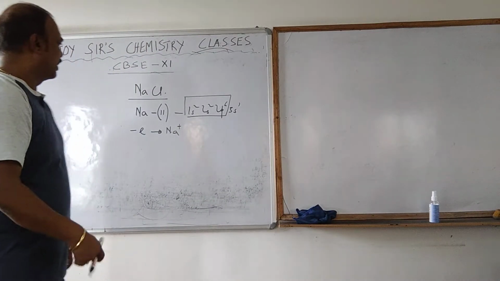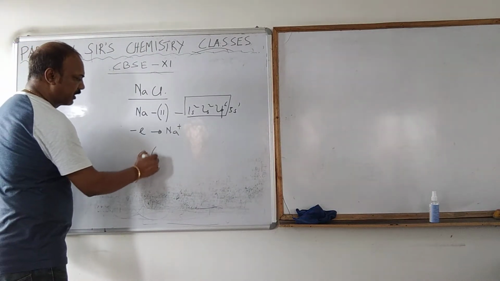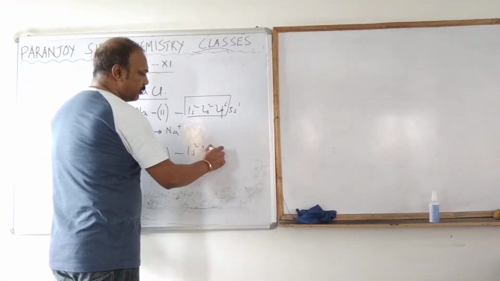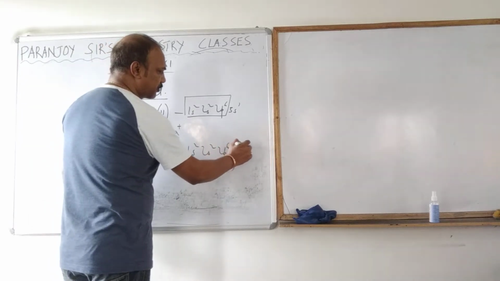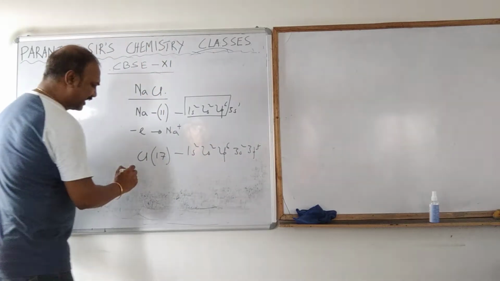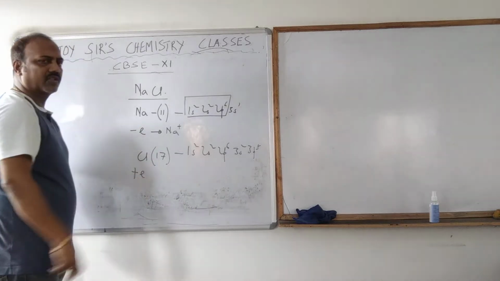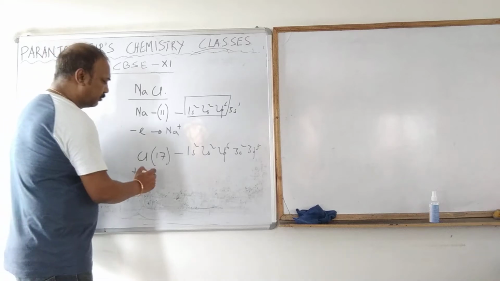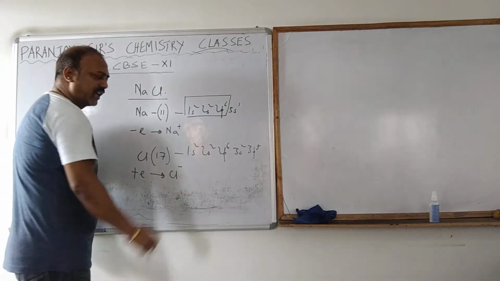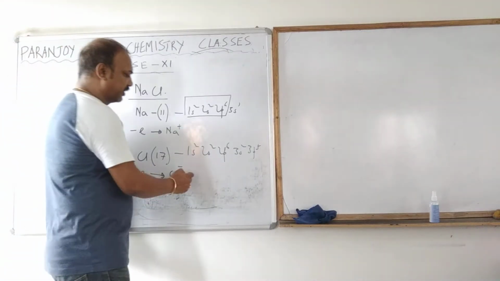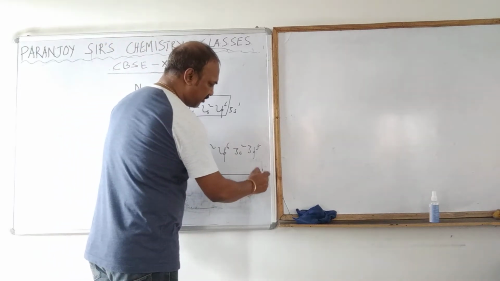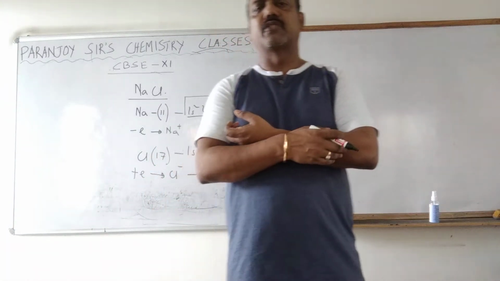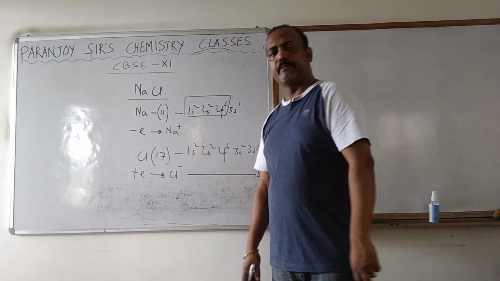Same way, chlorine has 17 electrons, and its electronic configuration is 1s2, 2s2, 2p6, 3s2, 3p5. It will accept an electron. The electron that is lost by sodium will be accepted by chlorine, and it will become Cl-, the chloride ion. Its configuration will end in 3p6, which is also the electronic configuration of a noble gas, a stable configuration.